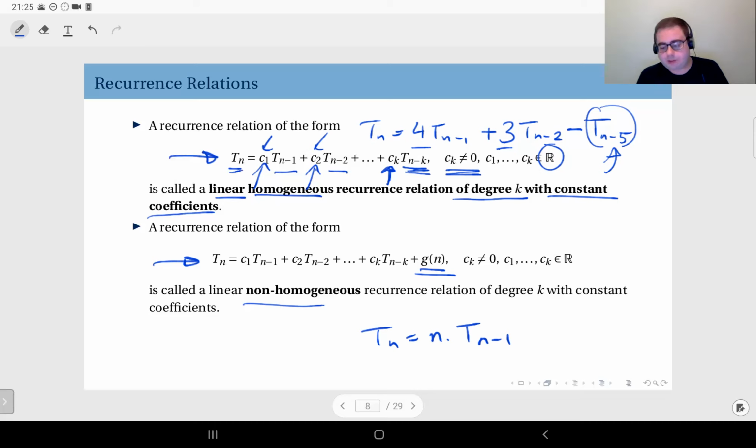So in the remainder of this class, we are going to talk about linear recurrence relations of degree k with constant coefficients. We are going to look at both homogeneous and non-homogeneous cases, but we are not going to consider recurrence relations like this one. This is because it is not a constant coefficient recurrence relation, and to solve such equations, you need other methods that we are going to talk about.